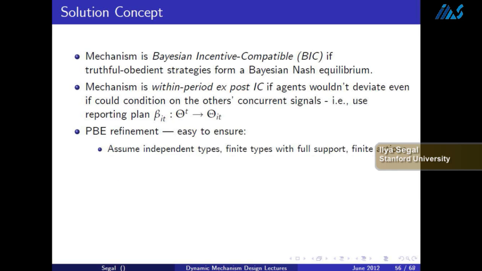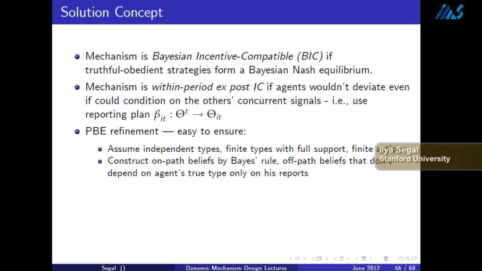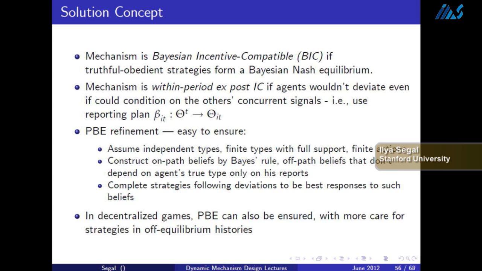So under some assumptions, even for example with finite types, we construct on-path beliefs by Bayes' rule, and off-path beliefs in a way that's similar to last time, where the agent is not learning from his own deviations, and the complete strategies to be best responses, and then we can ensure that it all sticks together as a perfect Bayesian equilibrium. But just for simplicity, we'll just focus on checking that we have Bayesian Nash equilibrium.